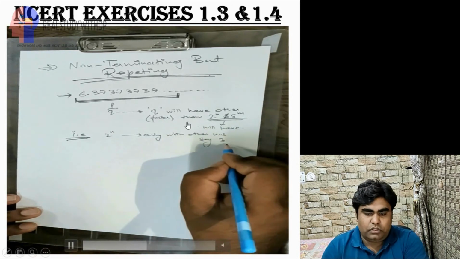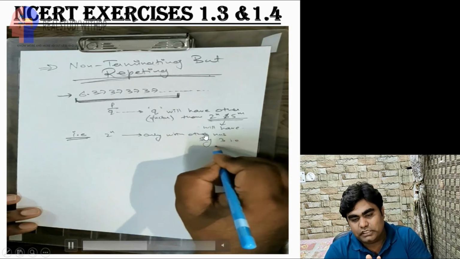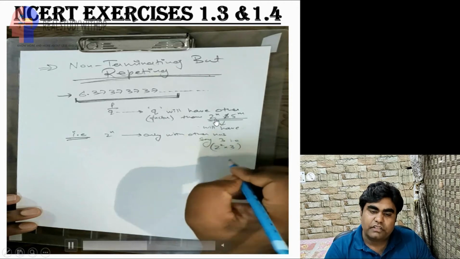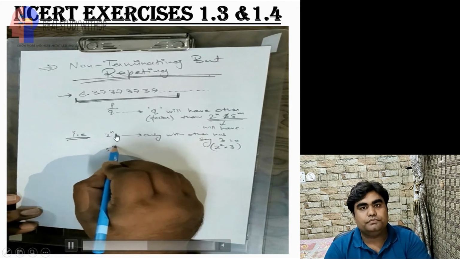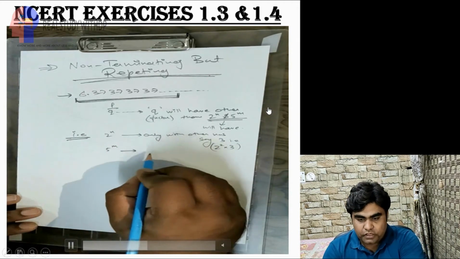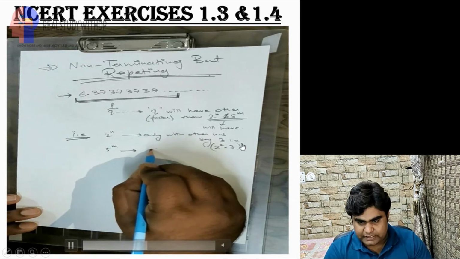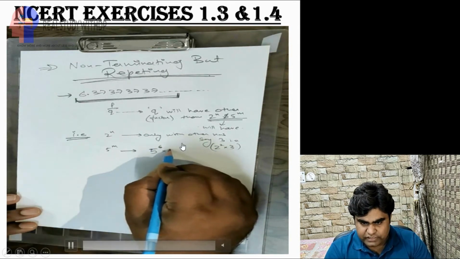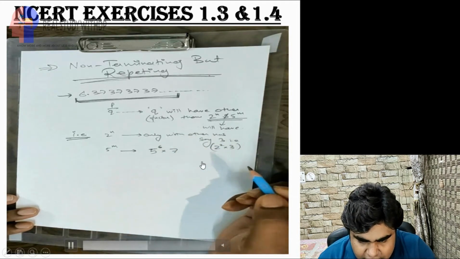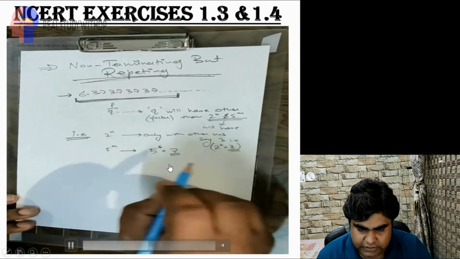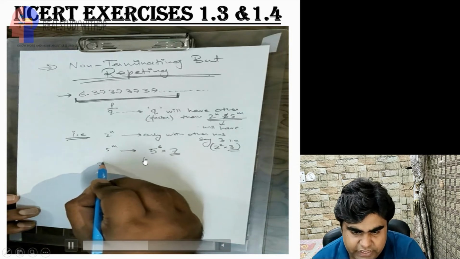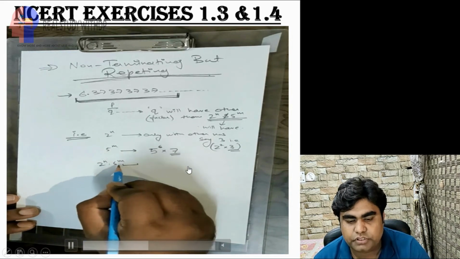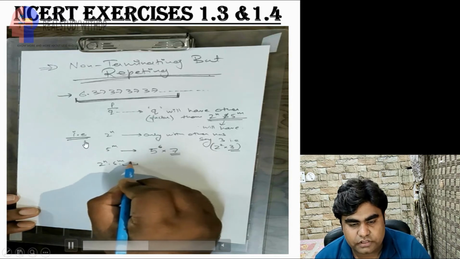What I'm trying to say is that if it is of non-terminating kind, then factors other than 2 and 5 are going to appear. I'm just giving an example to make things more understandable.